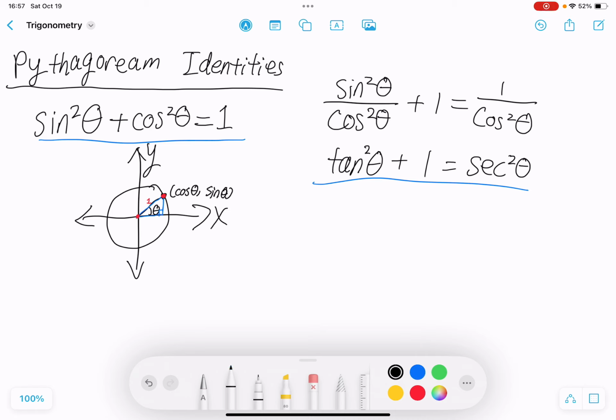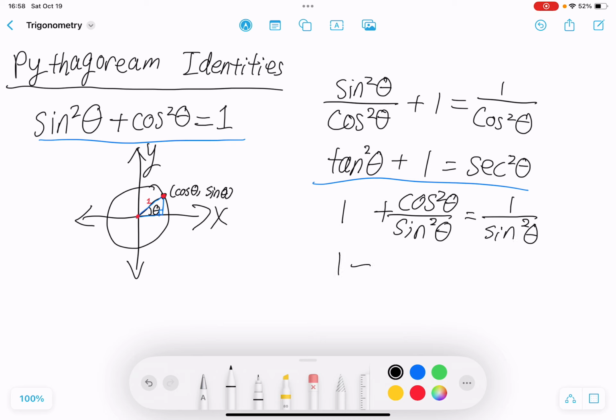Then we can also try to derive a third identity, which is that when you divide both sides of this first Pythagorean identity by sine theta squared, we have 1 plus cosine theta squared over sine theta squared equals 1 over sine theta squared.